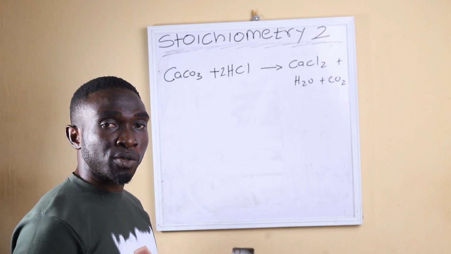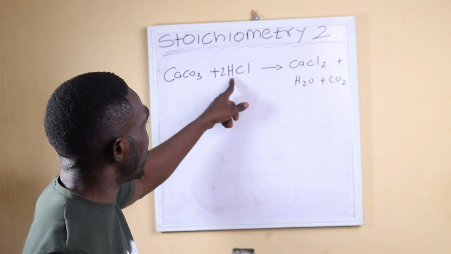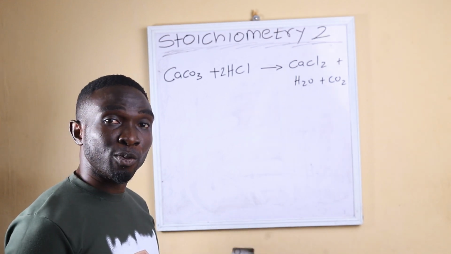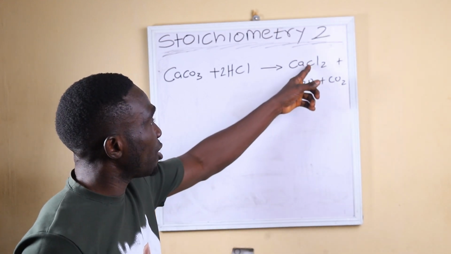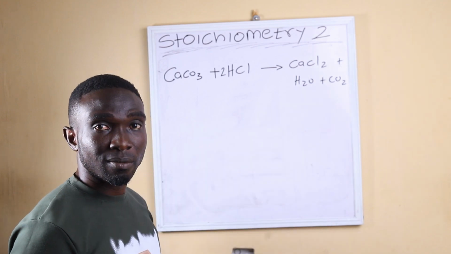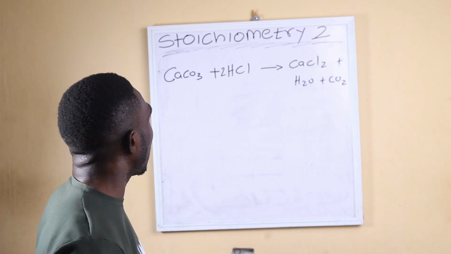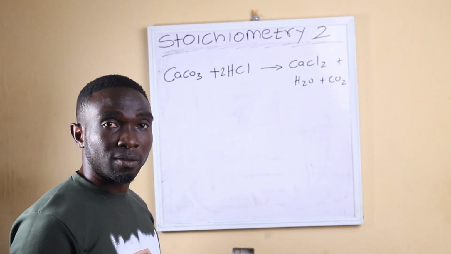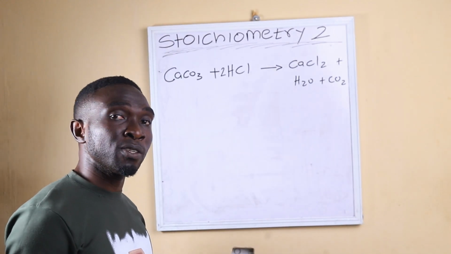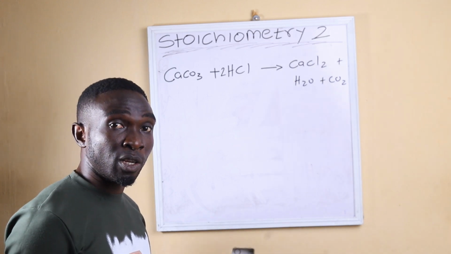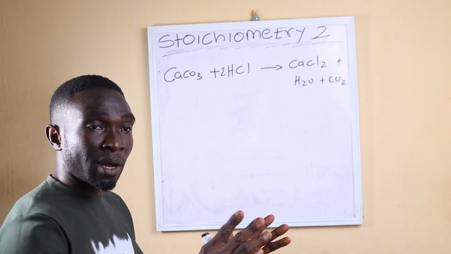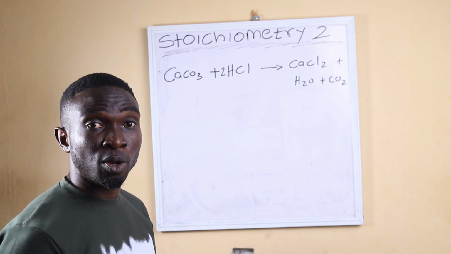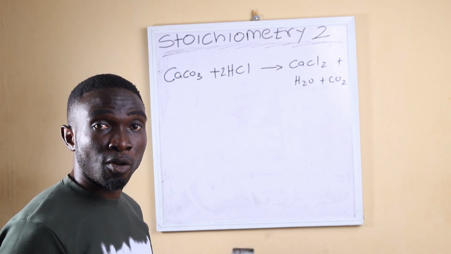Another form can connect hydrochloric acid and calcium chloride. Another can connect calcium chloride and water. Another might connect calcium carbonate and carbon(IV) oxide. So it's very important we understand that stoichiometry connects 2 things in a chemical equation. They could be reactants, or products, or a mix of both.